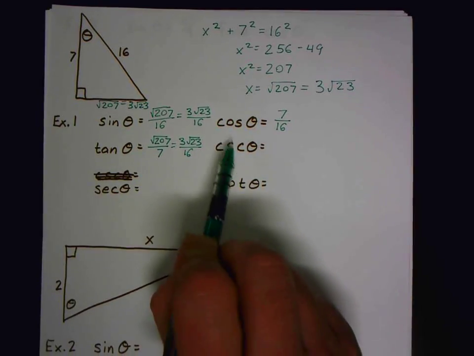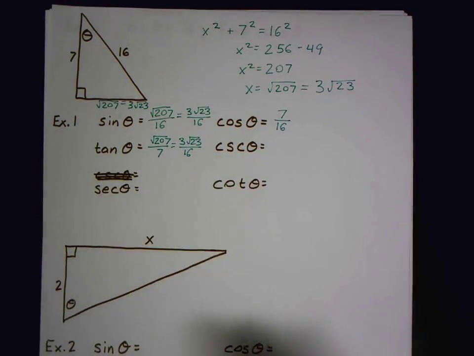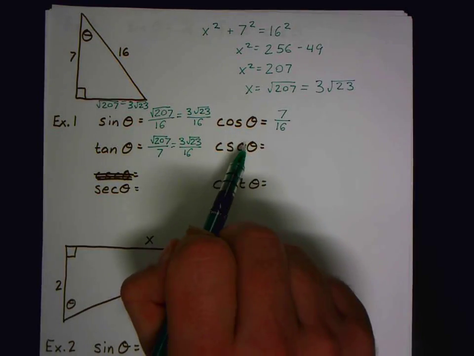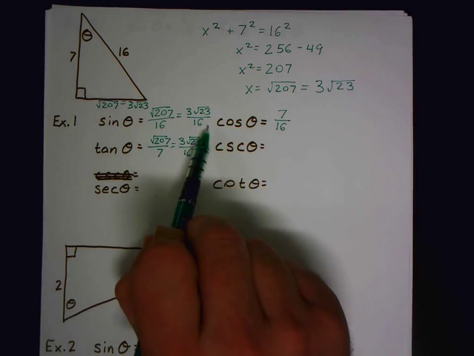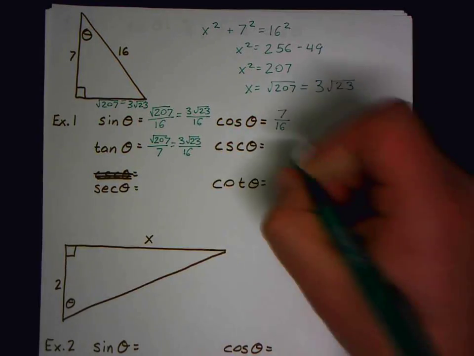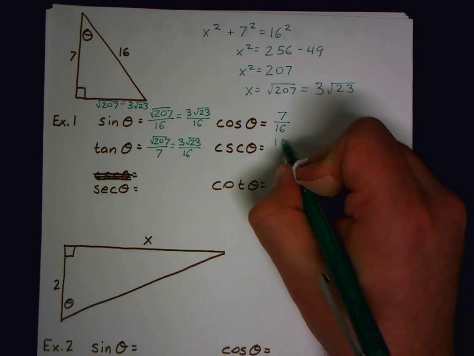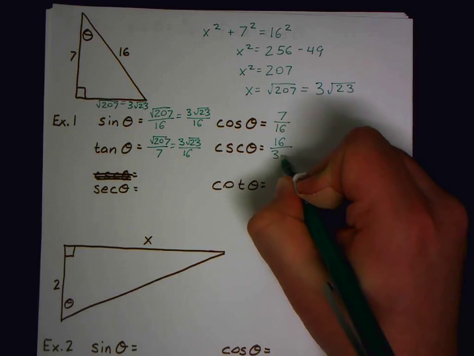Okay, so you can either just do hypotenuse over opposite, but again, it's good for later on to start making the connection that these are reciprocals of each other. So we could just take this answer and flip it over.